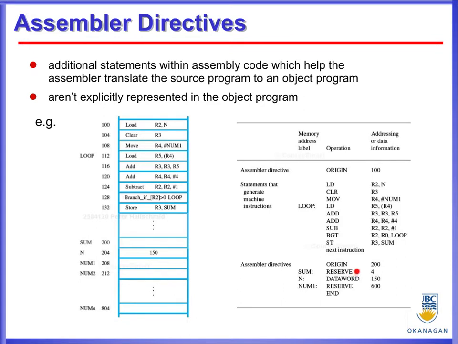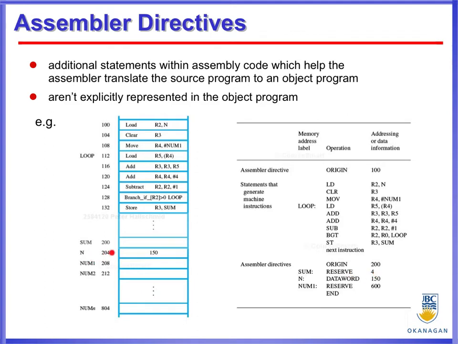We also have the keyword reserve, which means reserve 4 bytes for this thing called sum, okay? That means use a full memory word for sum, assuming we have 32 bits per memory word. The next one is n, another label that we use in our program. In this example, the keyword data word is used to say, put the number 150 at the address n, where n is going to be 4 bytes after sum, because sum was reserved for 4 bytes.